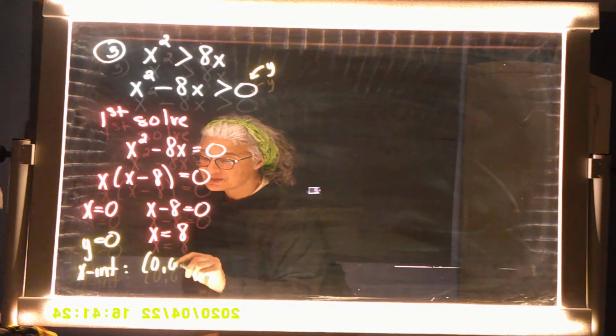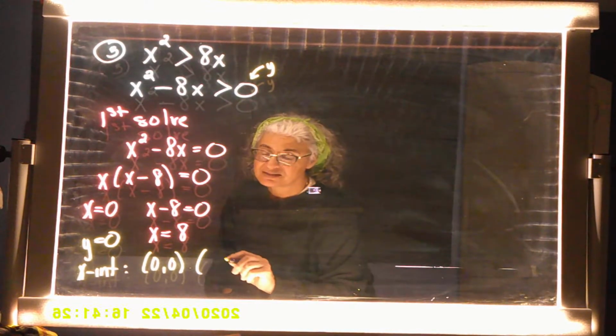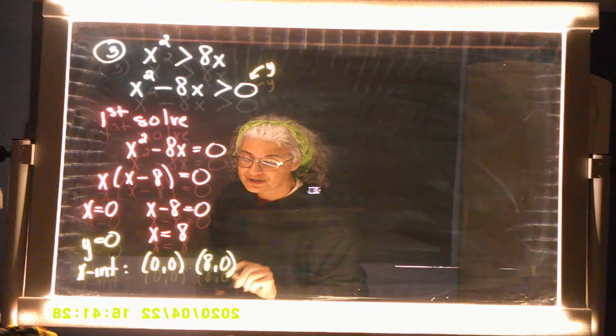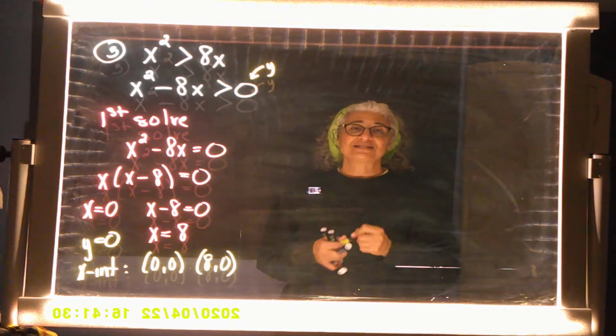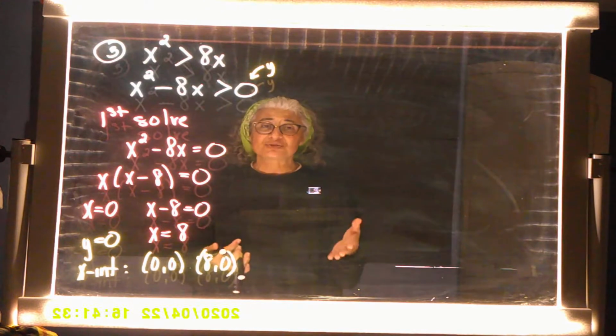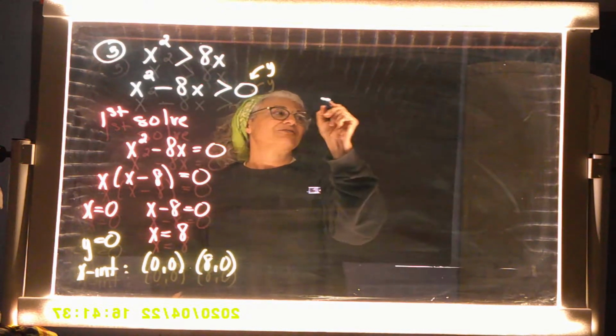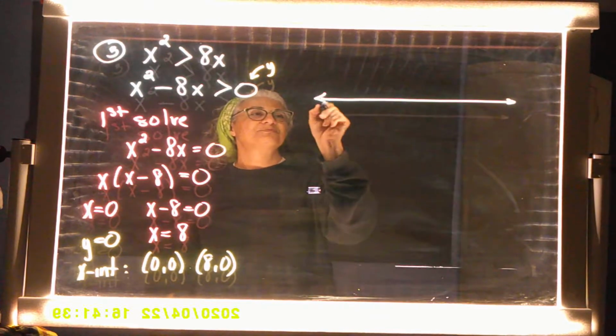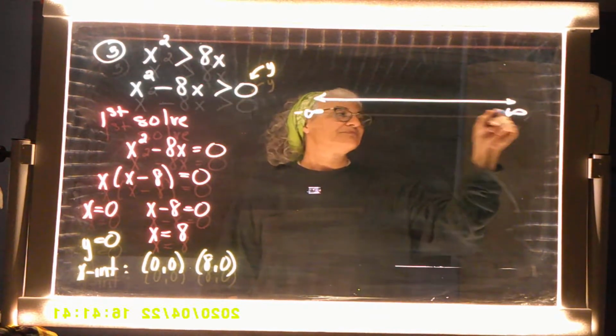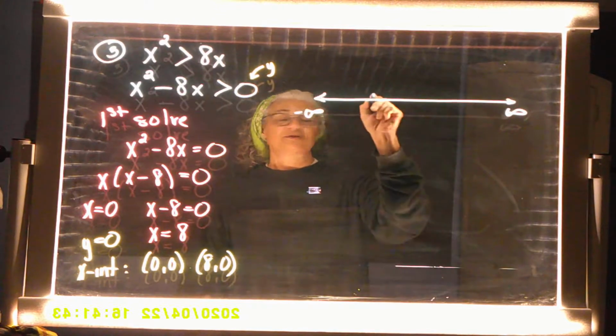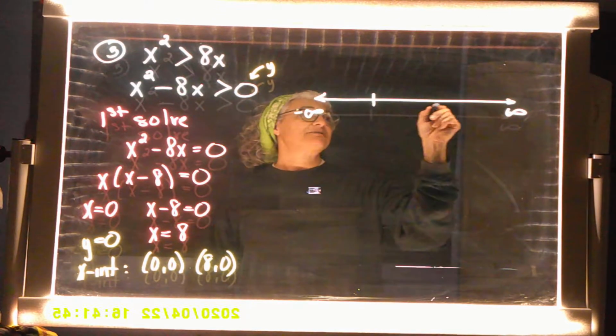One of them is (0, 0), and the other one is, good, (8, 0). And since these are x-intercepts, that means your next logical step is to, there you go, graph. You're getting the hang of it. Okay. Two x-intercepts. One was a 0, one was an 8.